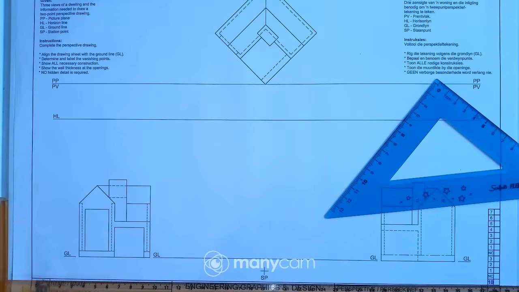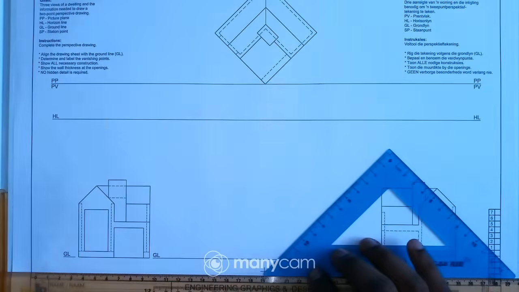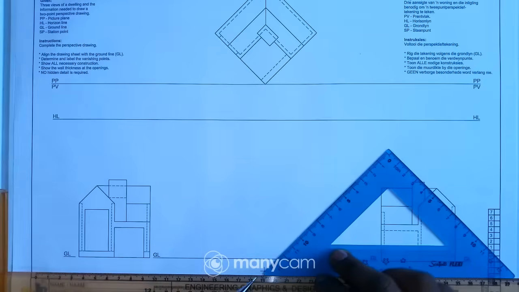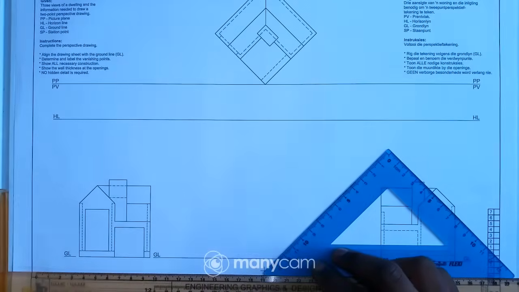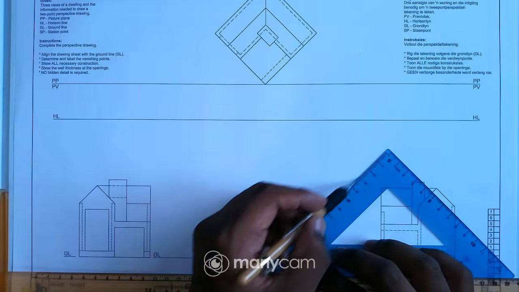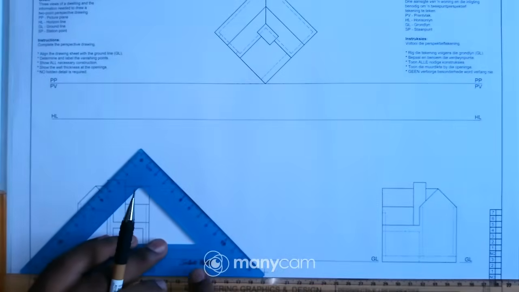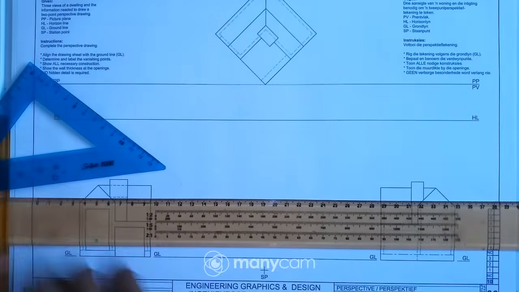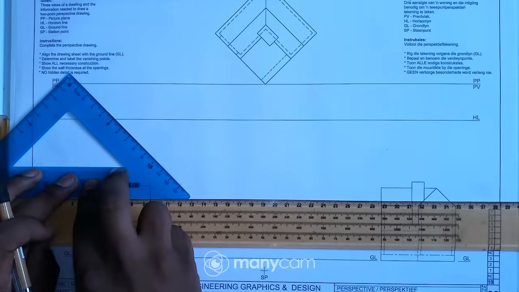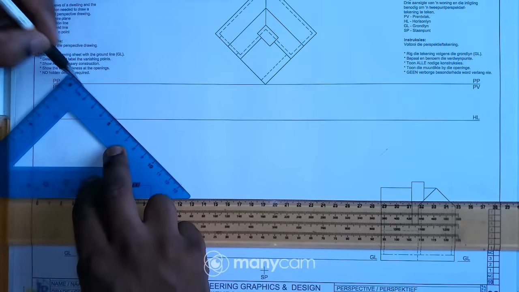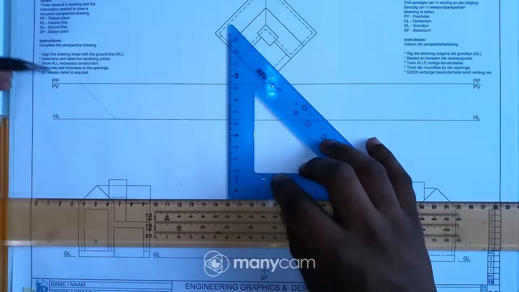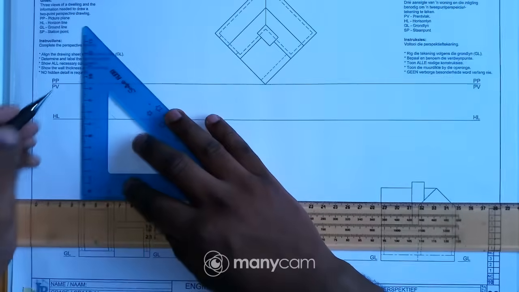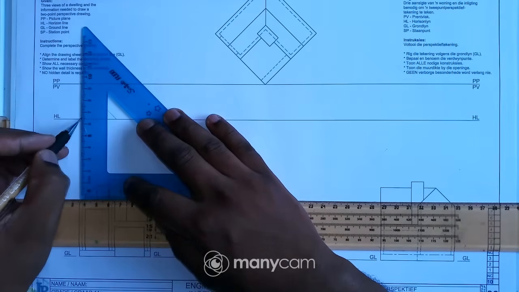So where's my SP? The SP is right there, down there. From the SP, I have to draw a light construction line up to the picture plane, and even this side going to my left side. Obviously my set square is very small, so I'll just extend this line up there, and then from there I have to drop down this point to the HL right there.